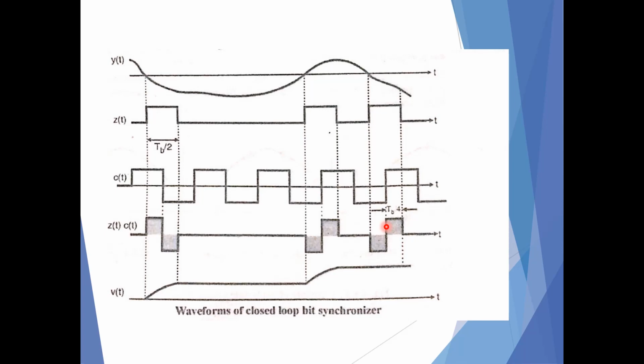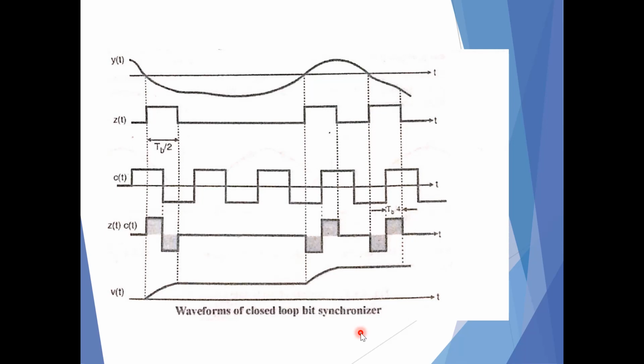While implementing this system practically, the analog multiplier and integrators are replaced by equivalent digital components. But for bit synchronization, there are some disadvantages. This circuit will suffer from timing jitter if the zero crossings of y(t) are not spaced at integer multiples of Tb.